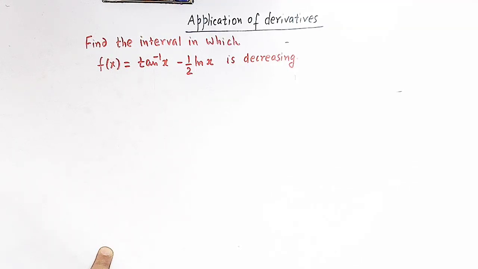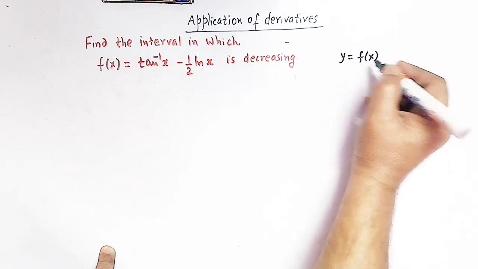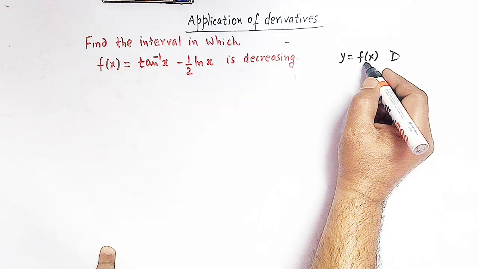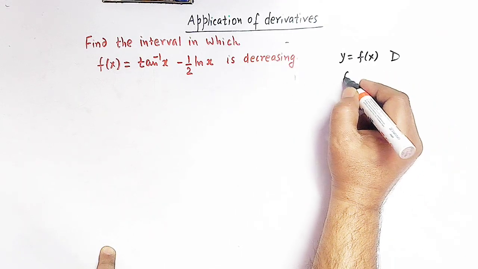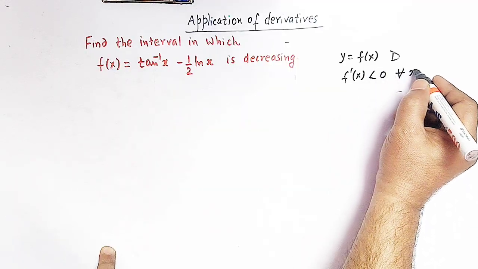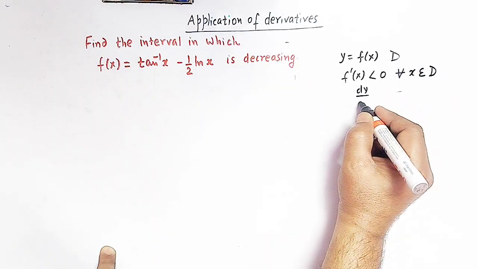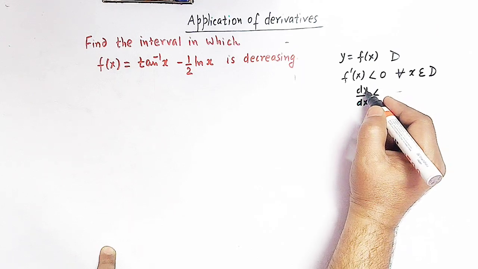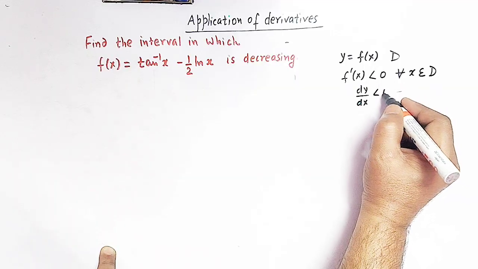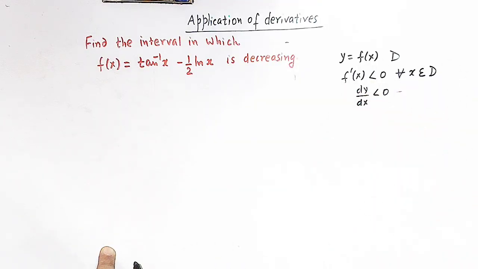From the definition of a decreasing function, we know that if we have a function, say y is equal to f of x, which is defined in some domain D, then this function is said to be a decreasing function if the derivative, that is f prime of x, is less than 0 for all x belonging to this domain D. So if the derivative, that is dy over dx, is negative, or the slope of the tangent at the given curve is less than 0, then the function y is equal to f of x is said to be decreasing at the given point.